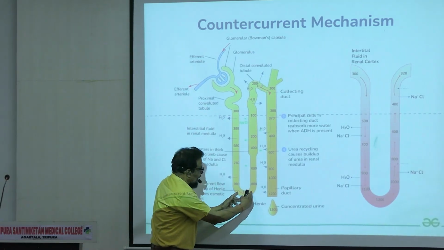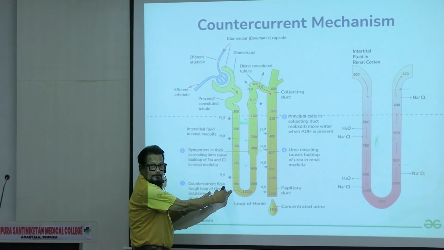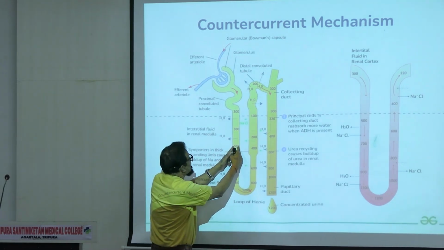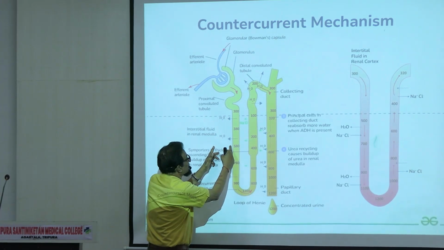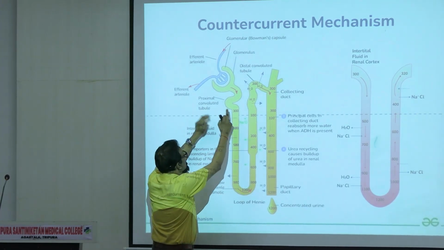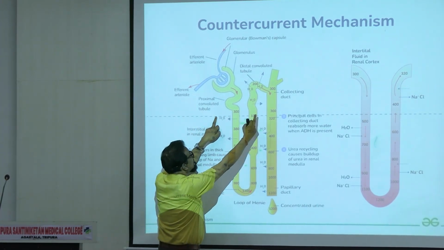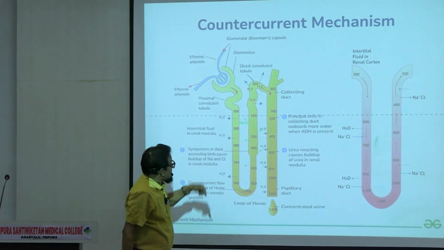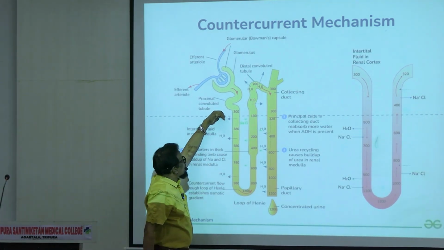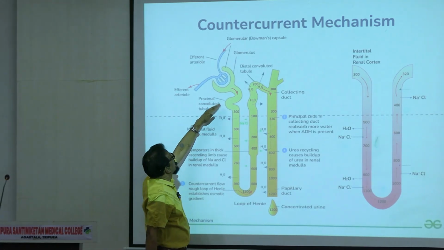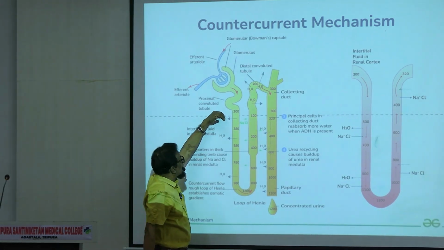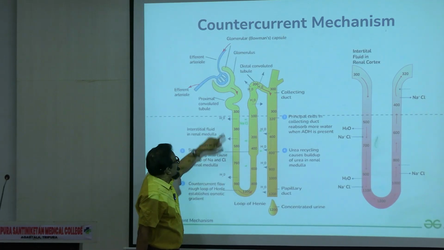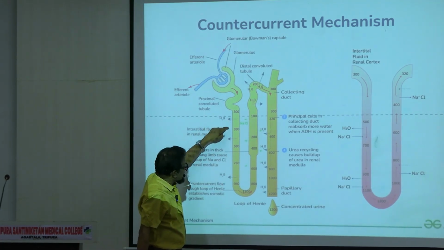Here it is 1200, the interstitium will also be 1200. If here it is 580, here is also 580. Similarly, here it is 300, 300 this way. We can see the osmolarity from the cortical area, the juxtamedullary area, as you go downward, gradually increasing.